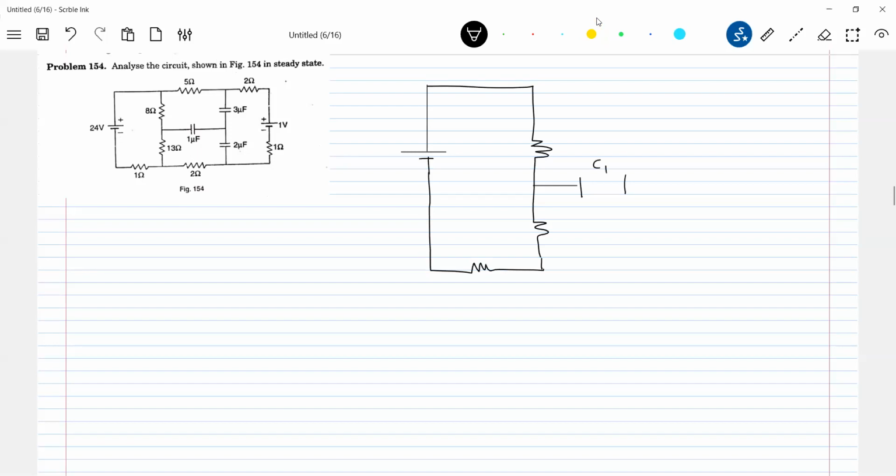I'll call this capacitor C1. At steady state only. Again, we are doing the problem at steady state.